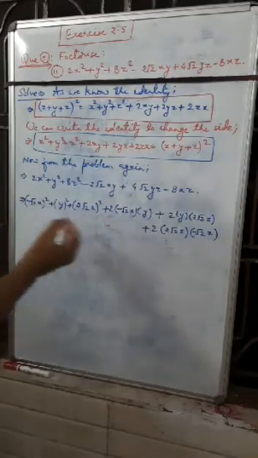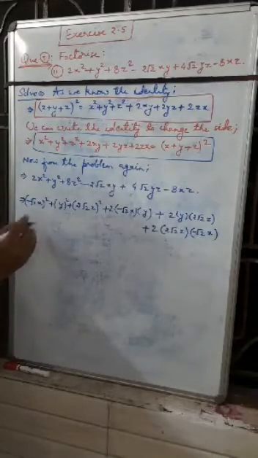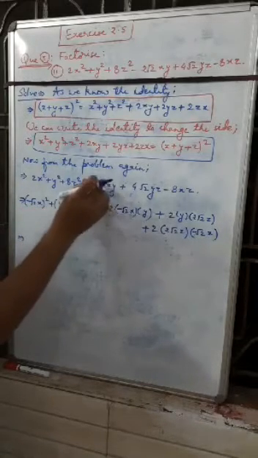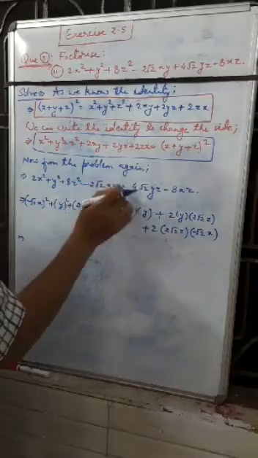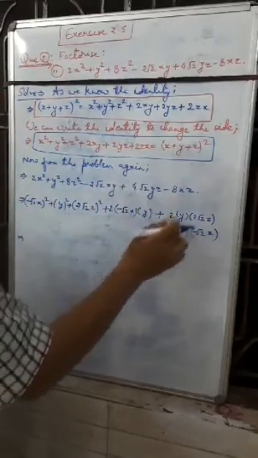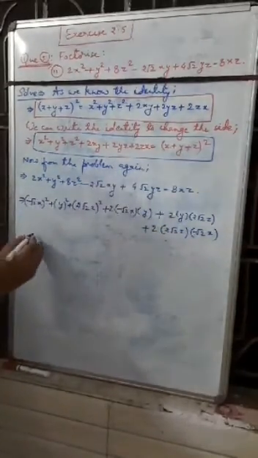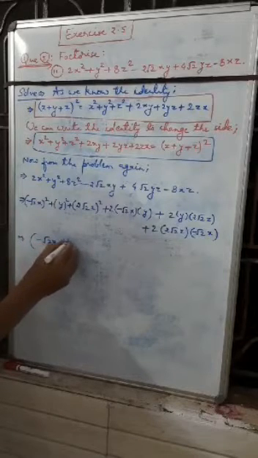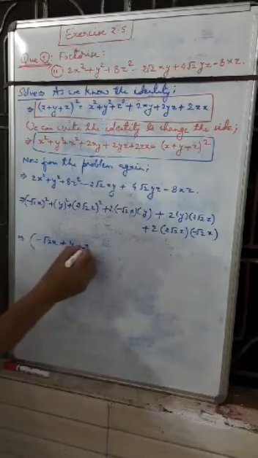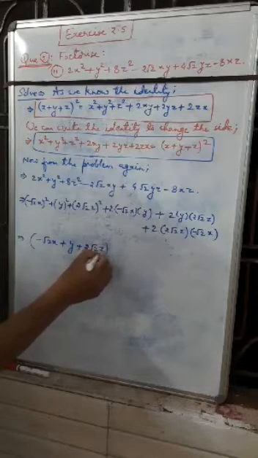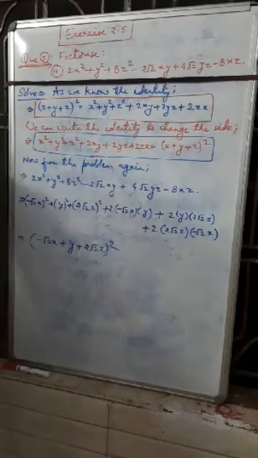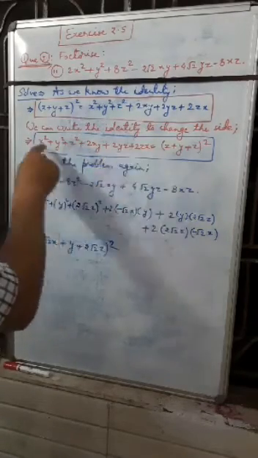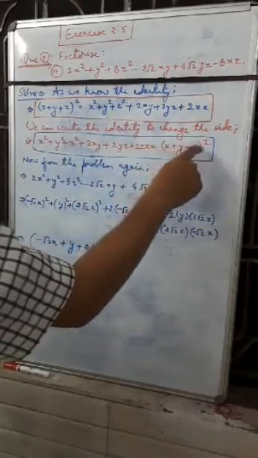But we are solving this one. So again we have the standard form x square y square z square plus minus 2 root 2 xy, 4 root 2 yz and minus 8x. So we can write it in the form of root 2x plus y plus 2 root 2 z whole square, because when we solve the identity, we get x plus y plus z whole square.